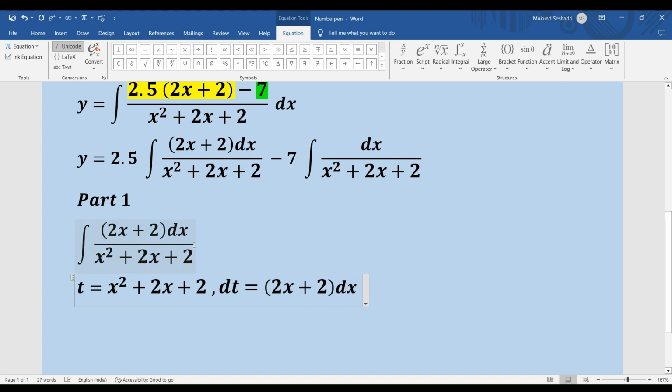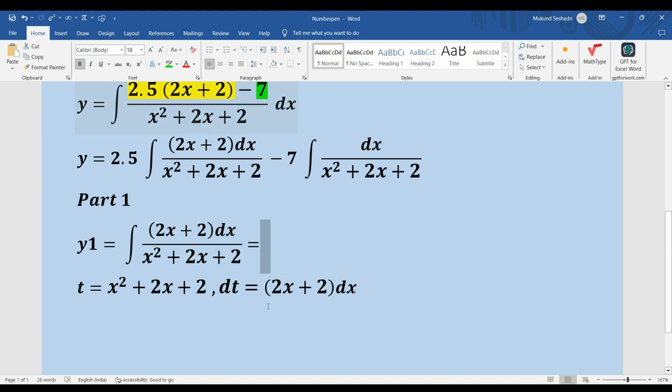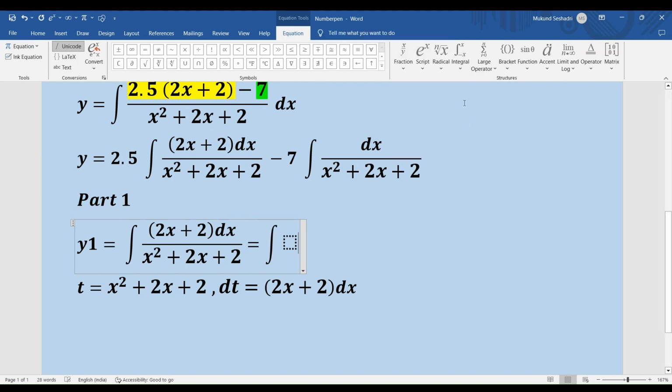So now I go back to my part 1, right? And let's say call it y1, okay? What do I get if I try and express everything in terms of t? My denominator, which is nothing but your t, and my numerator, which I see that it is nothing but a dt, right? So I'm left with a dt by t.